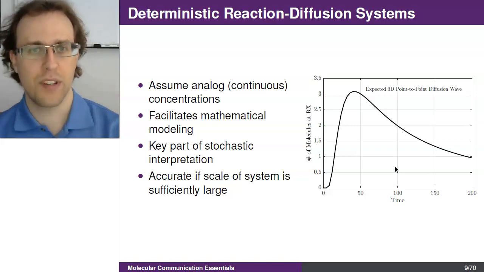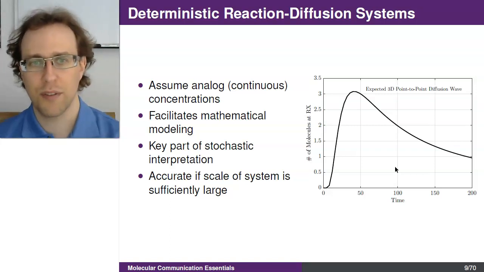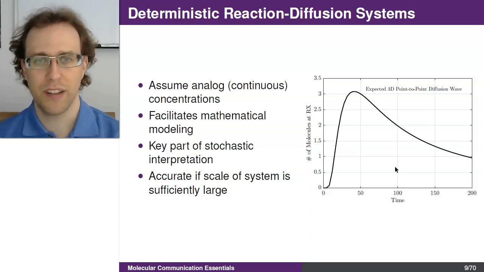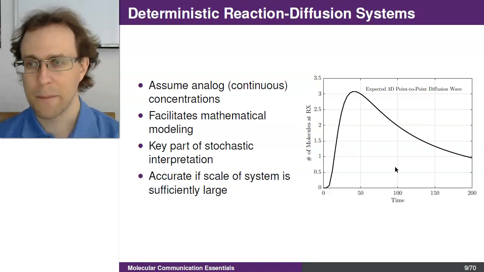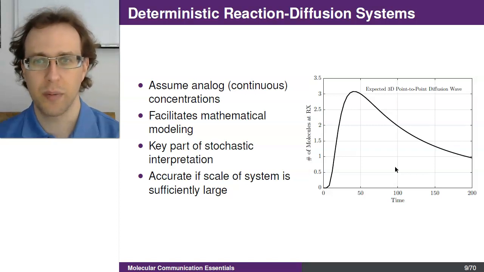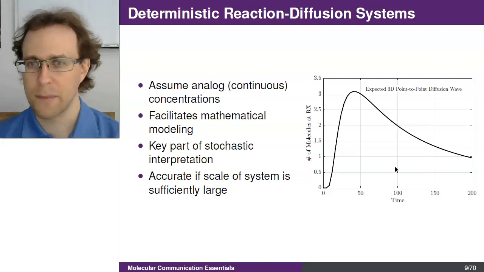And it's actually the noisiness that we're most interested in as communication researchers, because if the signaling was perfect, then we wouldn't have anything to do. There wouldn't be any communication work that is necessary. But it's very useful to start with a deterministic perspective for modeling.